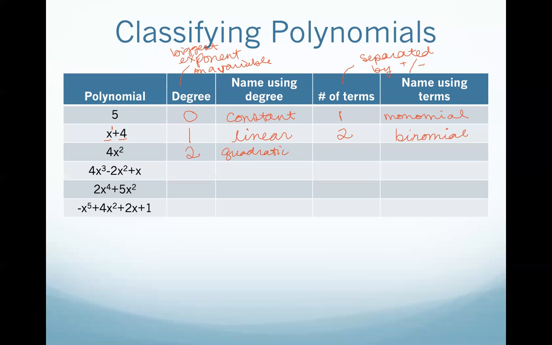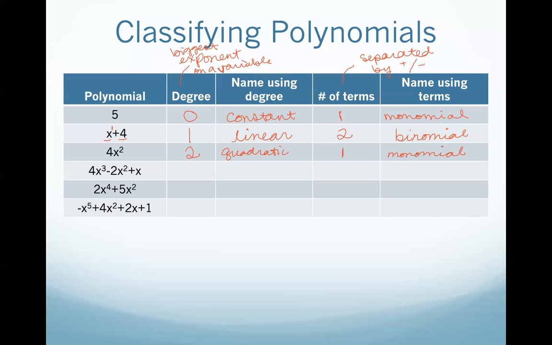There's no addition or subtraction, just one term. If it's one term, then it's called a monomial. So these two classifications are separate. The degree doesn't have anything to do with the number of terms, and the number of terms doesn't have anything to do with the degree. We're looking at them separately.